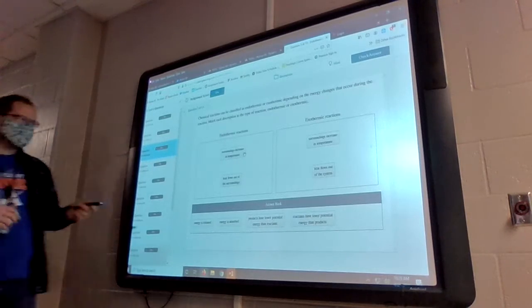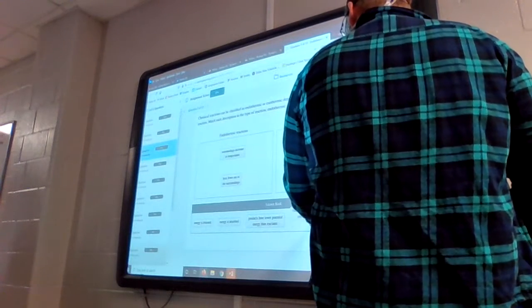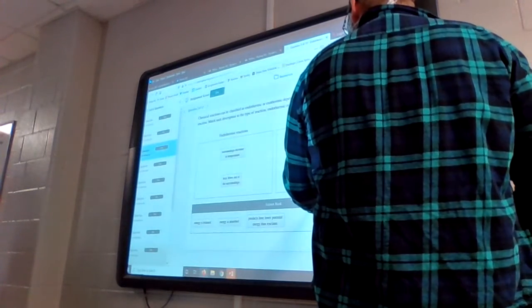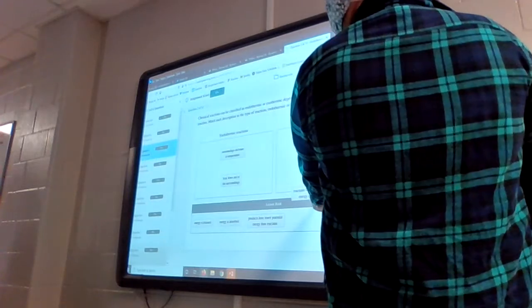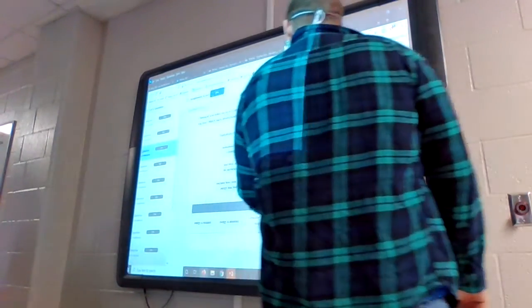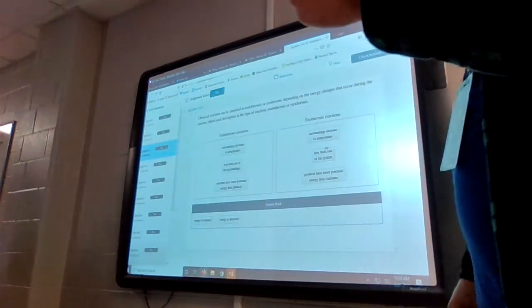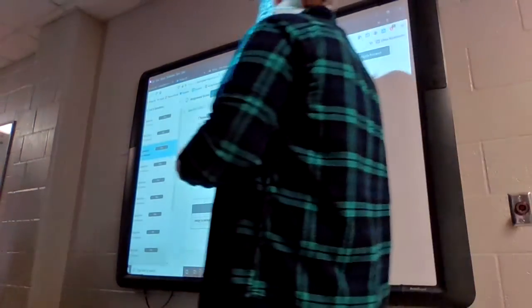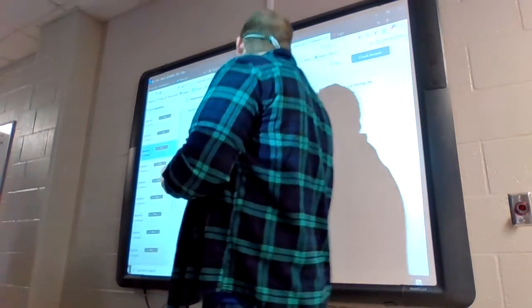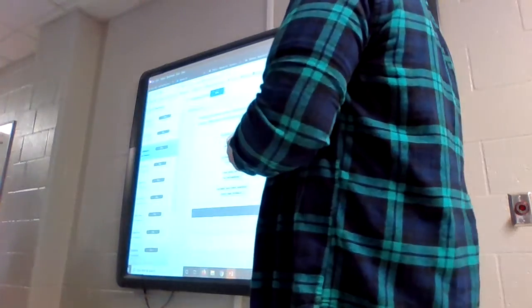So reactants have lower potential energy, should be endo. Products have lower potential energy, that should be exo. And then energy is released as exo, energy is absorbed as endo.